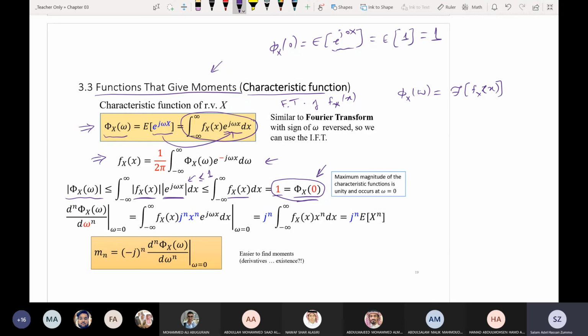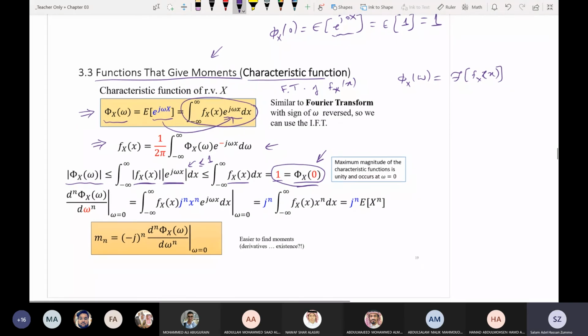Now let's see how to use the characteristic function. If we differentiate the characteristic function n times, differentiating with respect to omega, what do we get?